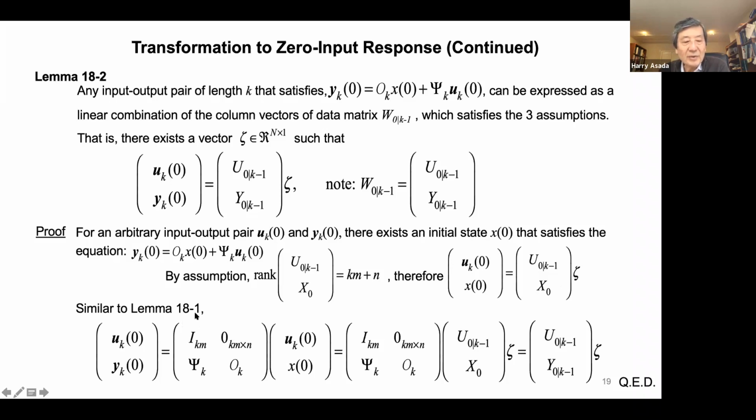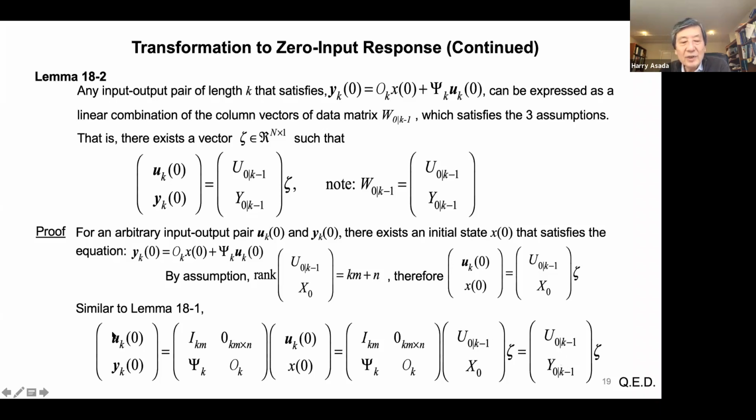So similar to the previous lemma proof, UK, YK is presented this way, connected to this guy. Here's the input state, but this particular part is basically full rank. So any of them can be represented this way, put in here, combine this, what you have, and here is the input output data matrices.